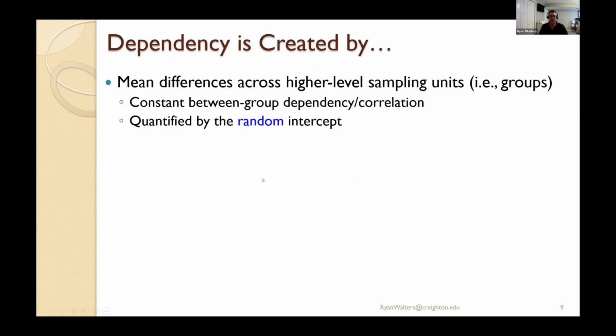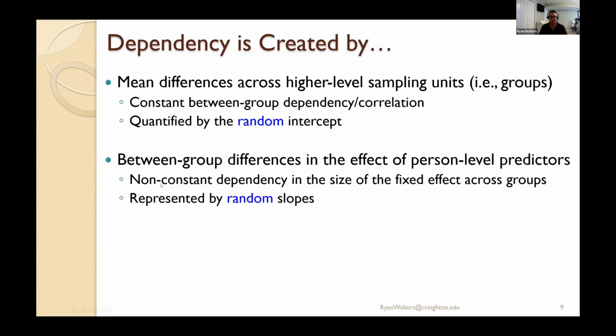Okay. So dependency is created for a couple of reasons. The first is just mean differences, constant mean differences across your groups. This is going to be quantified by our random intercept. Do some groups just have, on average, more of the outcome than other groups? The other type of dependency is going to be captured by between group differences in the size of the predictor effect.